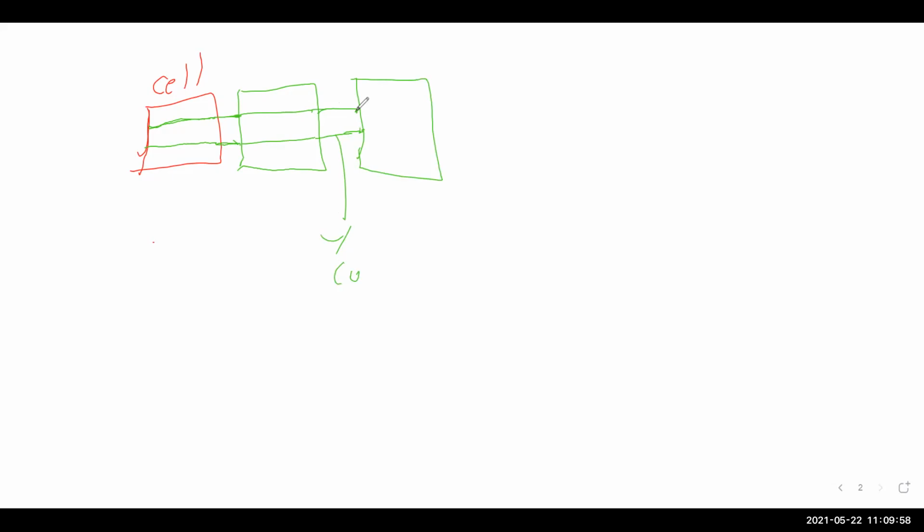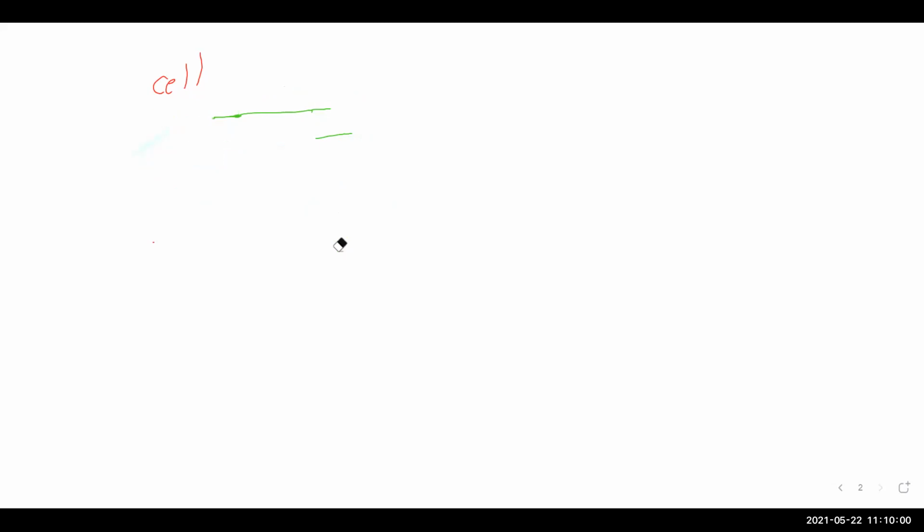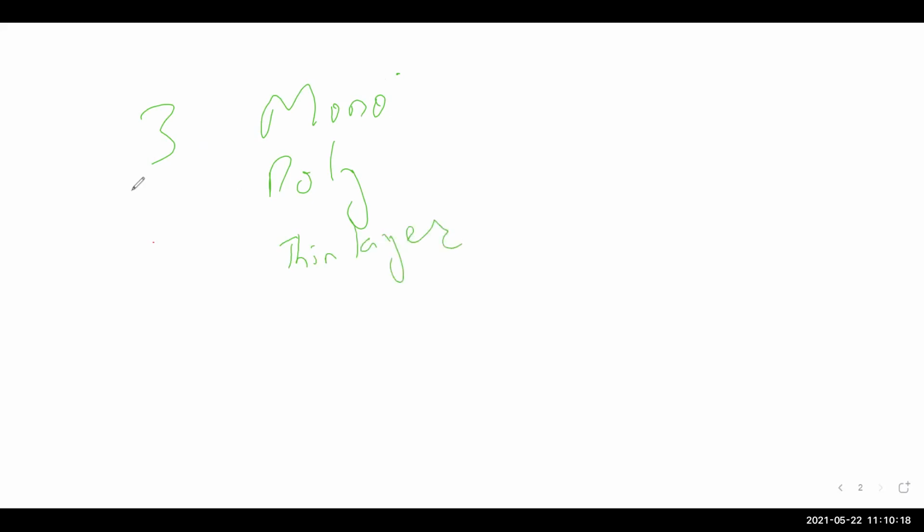Now generally these are of three kinds: monocrystalline, polycrystalline, and thin layer. They all have different structures and different colors.